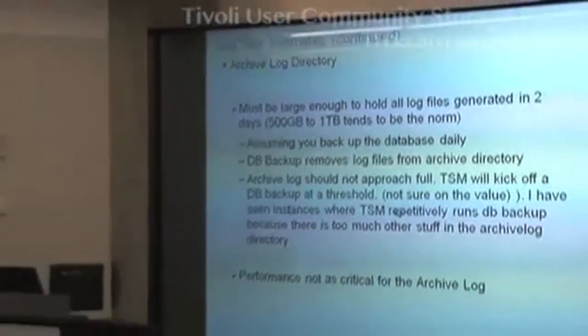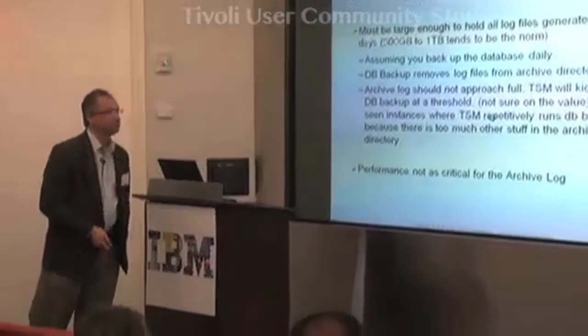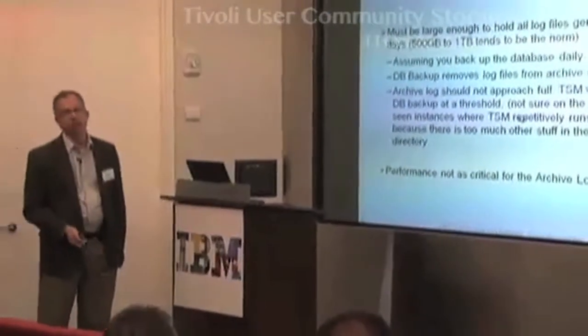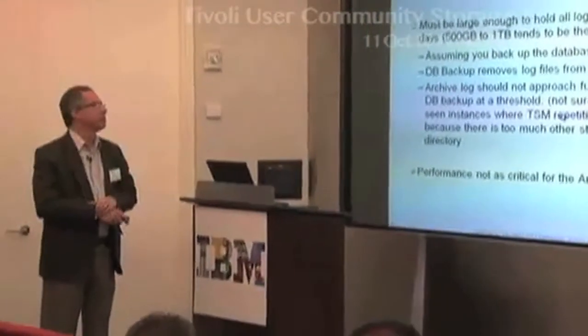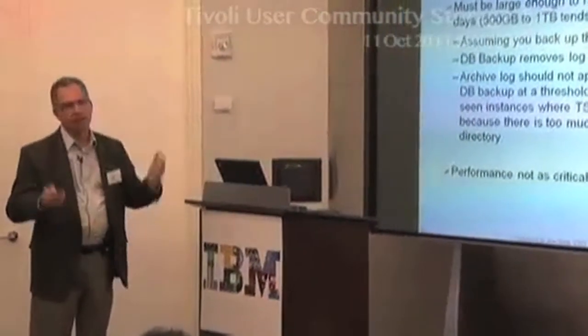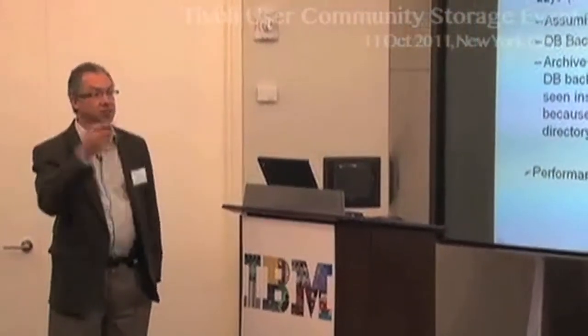On the archive log, I'd be generous: 500 gig to a terabyte. There are some formulas to help you figure out exactly where you should be, but as a rule of thumb, 500 gig to a terabyte I think would get you in the safety zone.